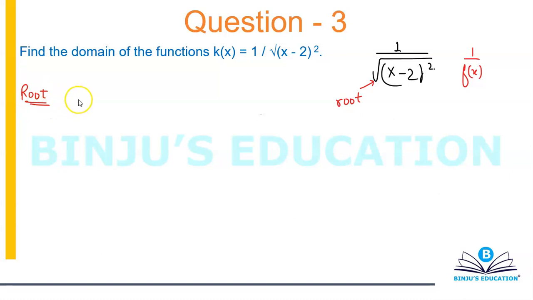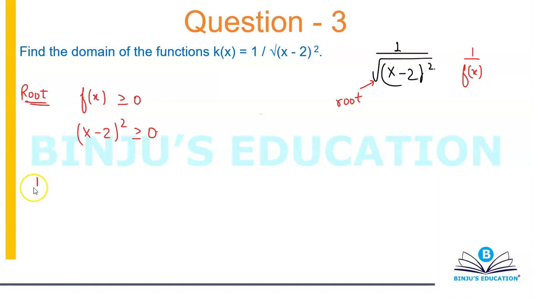Now we know that the function inside the root should always be greater than or equal to 0, because root for negative numbers is not defined, which means (x minus 2) square should always be greater than or equal to 0, which effectively it is. Because whenever you have a square quantity, the result is always greater than or equal to 0.